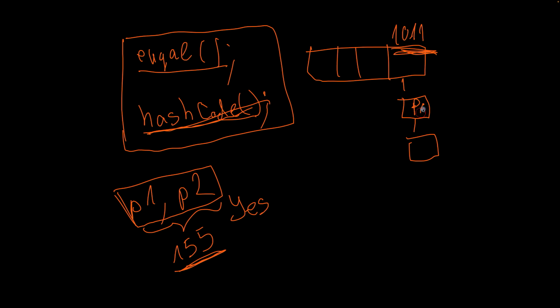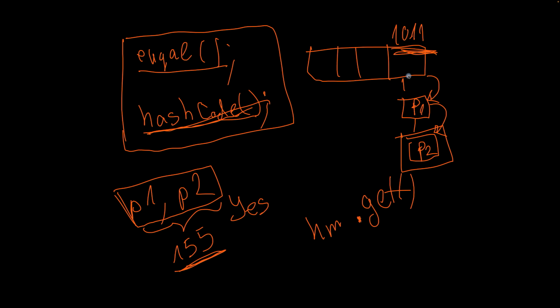You have P1, P2, okay, and then the equals method will decide which one we want to retrieve by .get from the hash map object. When we say get, this happens.